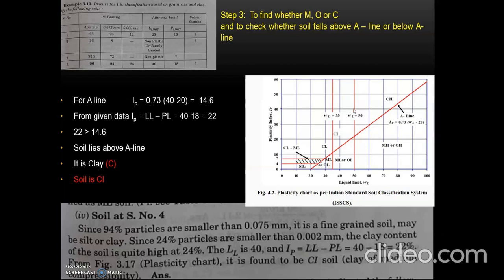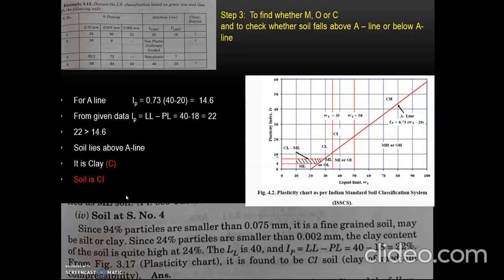That means the soil falls above the A line, as 22 is greater than 14.6, the IP of the A line. So we know that soil above the A line is clay. So the first letter is C, which means the soil is clay. Finally, we classify the soil as CI. That means the soil has clay content and has intermediate compressibility.